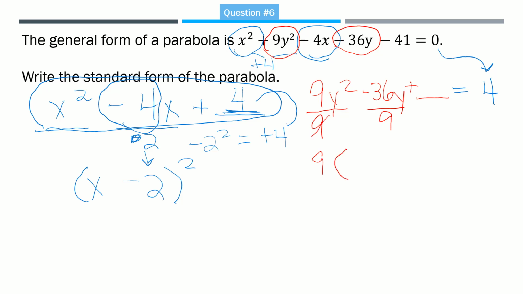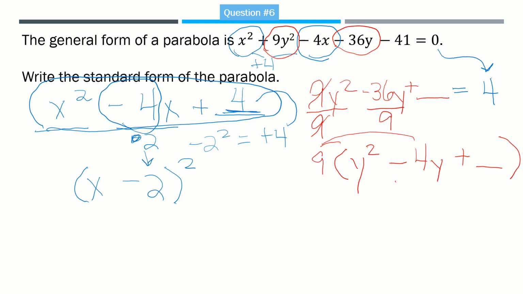We factor that out. Times y squared minus -36 divided by 9 is -4. Don't forget your y. Okay, now I can complete the square. Now that I've got that 9 factored out.